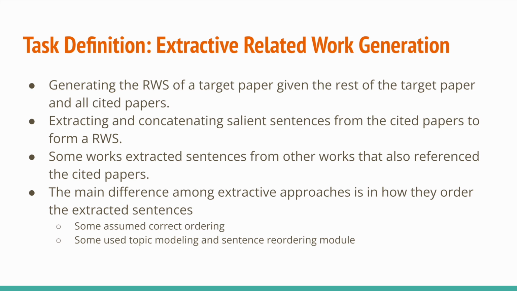In addition, some works extracted sentences from other works that also referenced the cited papers. The main difference among extractive approaches is in how they order the extracted sentences. Some assumed correct ordering, while some used topic modeling and sentence reordering modules.